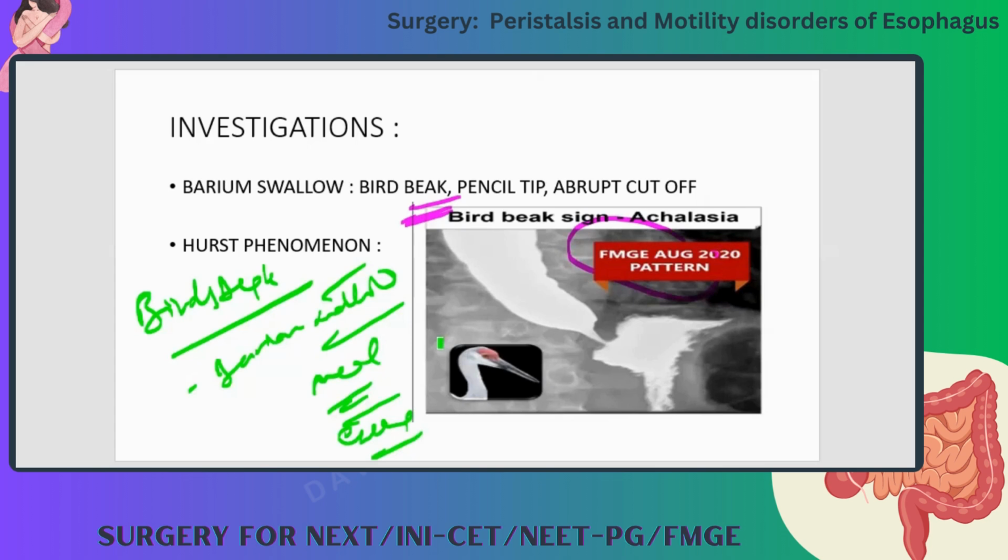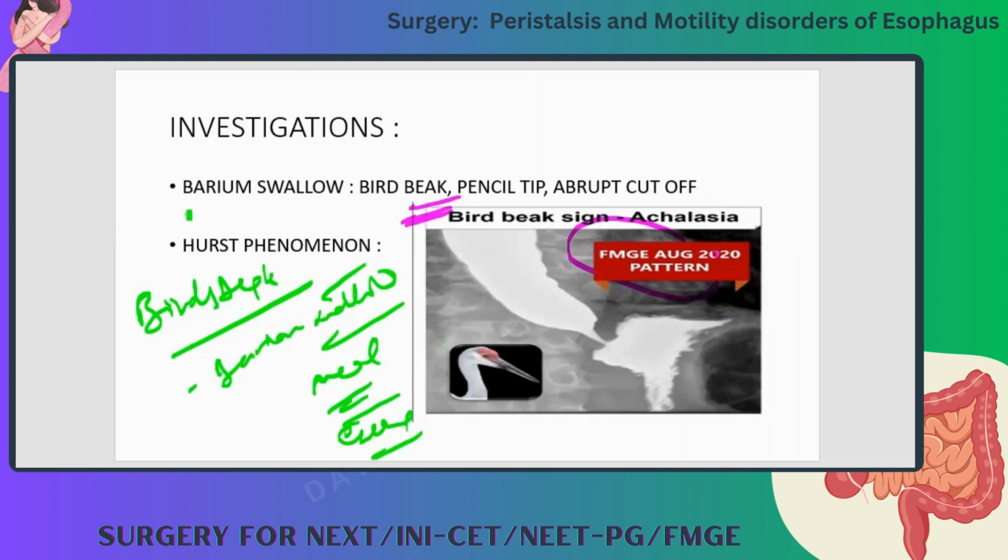Very good. If you ask the patient to swallow and just take it, that is the esophagus. It depends upon the time difference and what your organ of interest is. If you want to only look at the esophagus, just swallow is enough. If you want to look at the stomach, meal should be given. If you want to look at the colon or rectum, what should be given? Enema. Barium enema should be given.